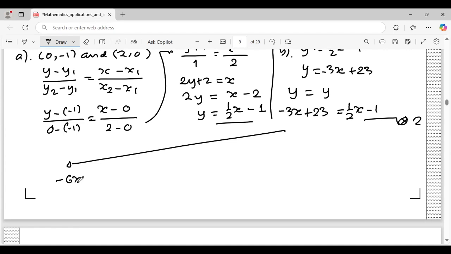Becomes 46 minus 6x equals x minus 2. Okay. So minus 6x minus x equals minus 2 minus 46.